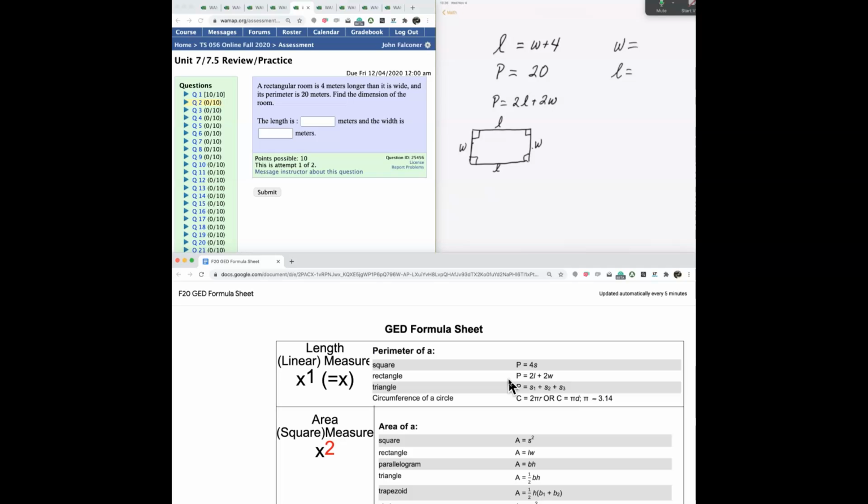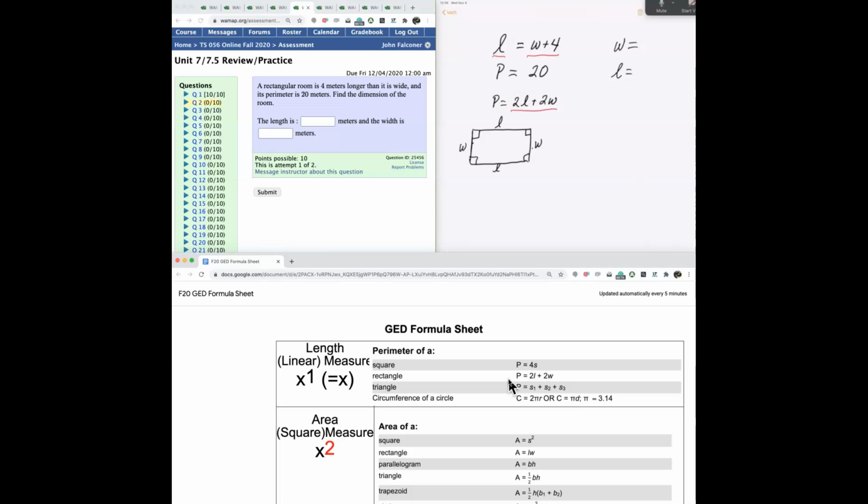What we need to do is, these are the facts we have, and then we have to be creative. We have to think of ways to use this information creatively, and this is where algebra can be interesting. We have to define everything in terms of the information we have. Here we have L defined as W plus 4, and P is defined as 20, and P is also defined as 2L plus 2W.